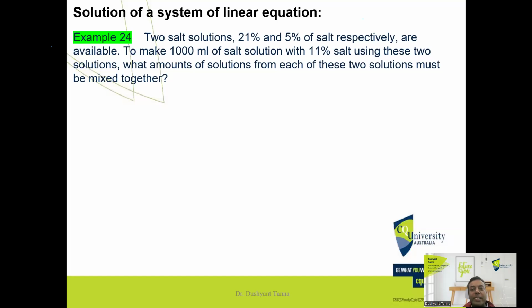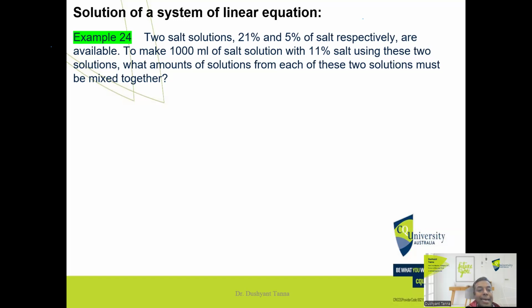The two solutions, 21% and 5% of salt respectively, are available to make 1000 ml of salt solution that has 11% of salt. Using the two solutions, what amount of solution from each must be mixed together? So say from the first one, we got x, and from the second one, we got y.